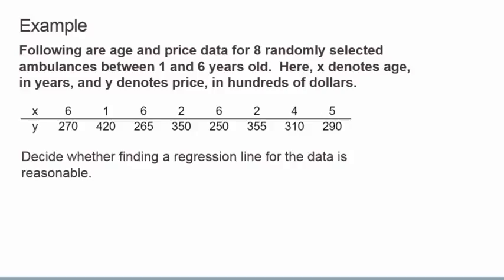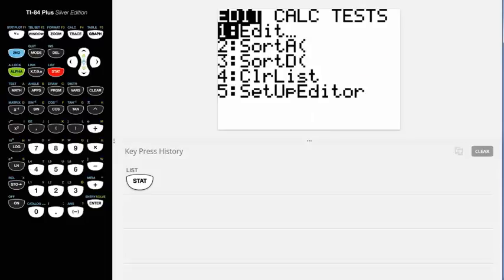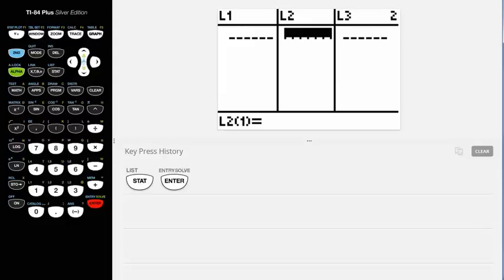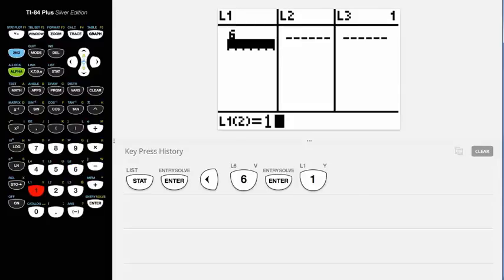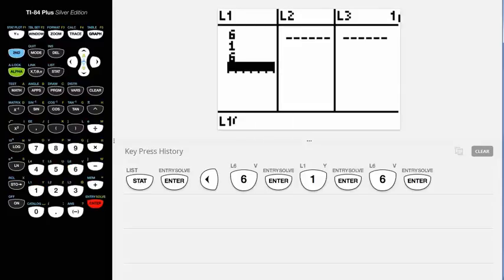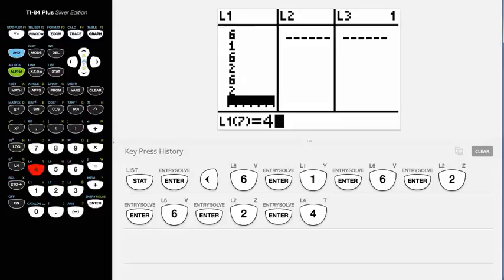We need to see what the data looks like. Heading to my calculator, Stat, Edit, and type in our data set. I want to put X in L1, so I have 6, 1, 6, 2, 6, 2, 4, 5.